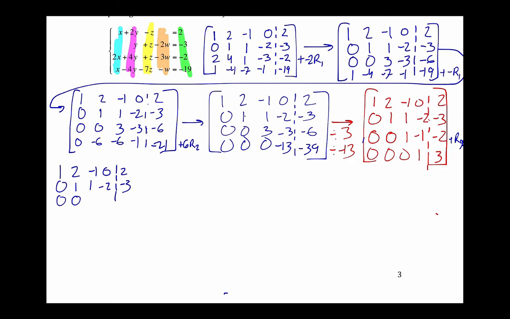And then we're going to add the -1 and the 1 to give us 0. We also have to make sure we add our constants, so we have the -2 plus the 3 over here, giving us a grand total of +1. Bottom row still 0, 0, 0, 1, with a constant on the other side of 3.